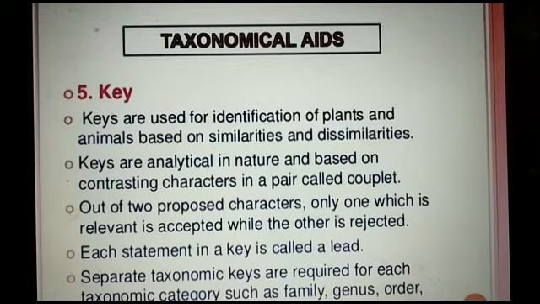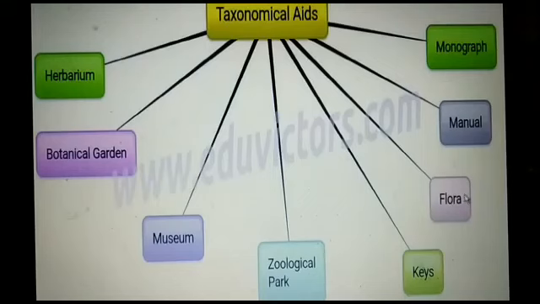Yes or no? If yes, then the next question. Does it have more than 4 pairs of legs? Yes or no? If yes, then the next question will be there. So we prepare a group of questions, a pair of questions, and the answer is always yes or no. Then we move on to the next question. I hope you understand.